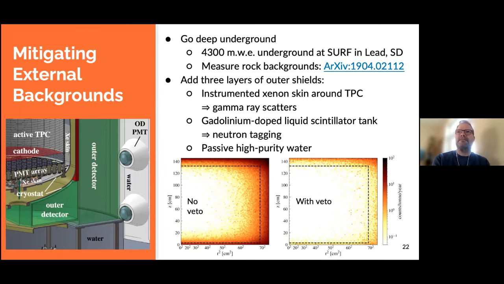The nuclear scattering is really quite difficult, but as you will see in just a moment, we don't expect many of these because of all these vetoes and shielding that we have in place.